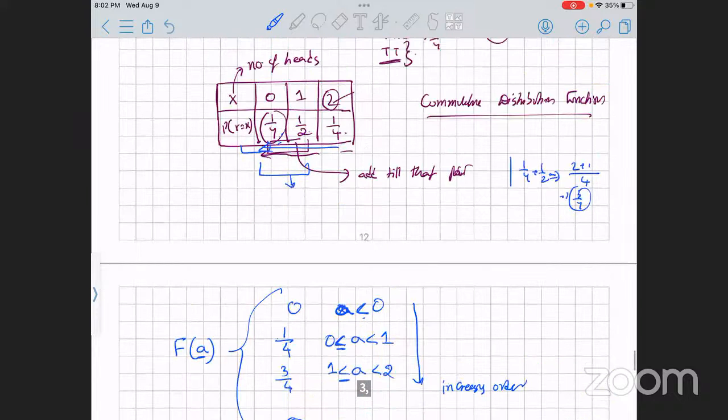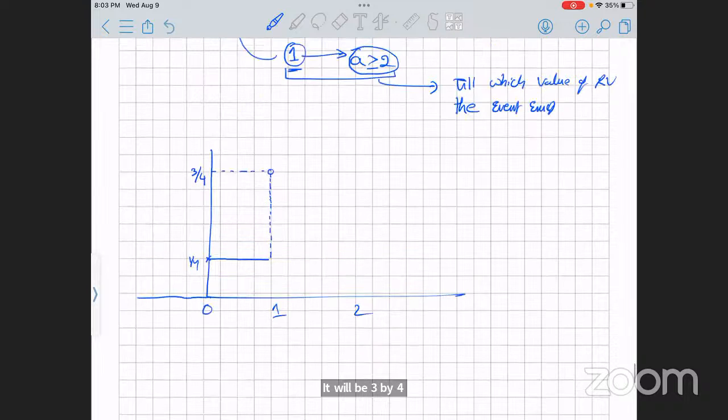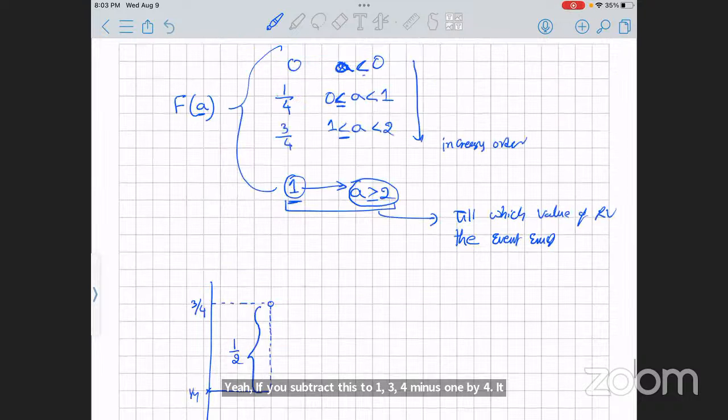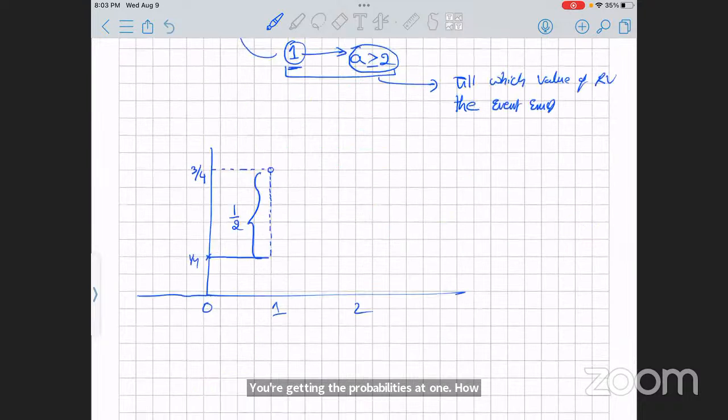Yes, sir. And if you subtract these two, 3 by 4 minus 1 by 4, it is 1 by 2. You are getting the probability at 1. Are you understanding this?